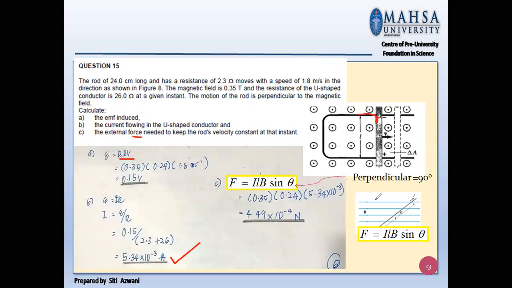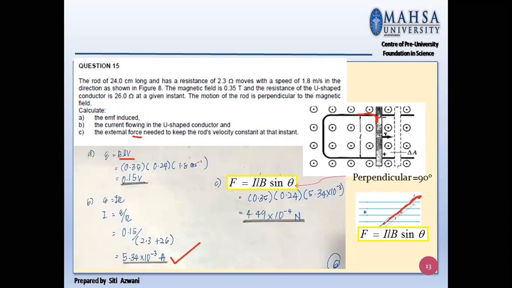When you place a conductor in the magnetic field B, it produces a force. Your conductor experiences a force due to the magnetic field B.